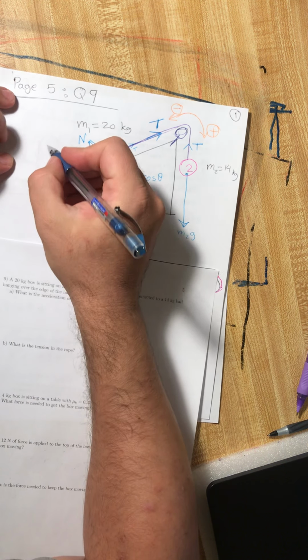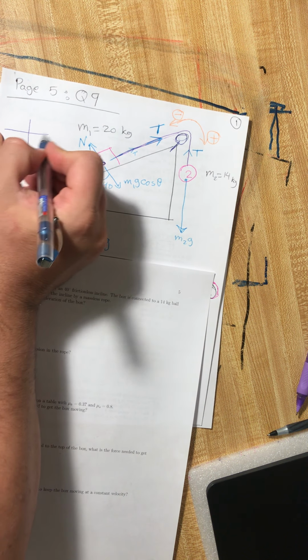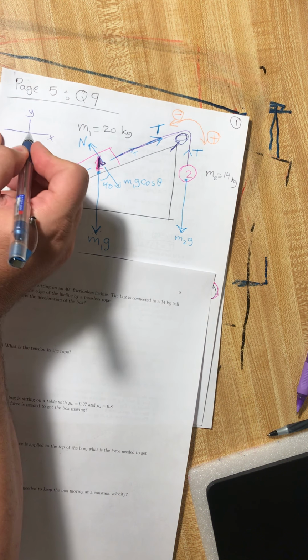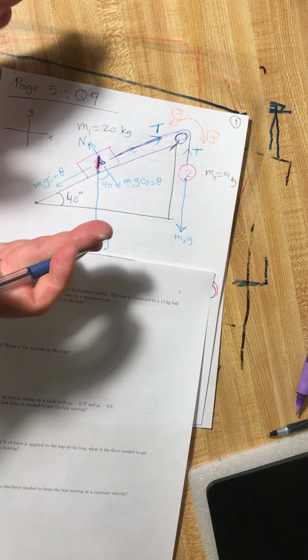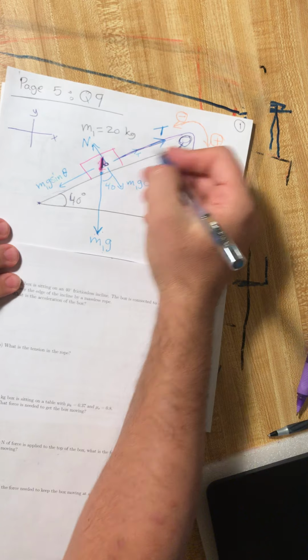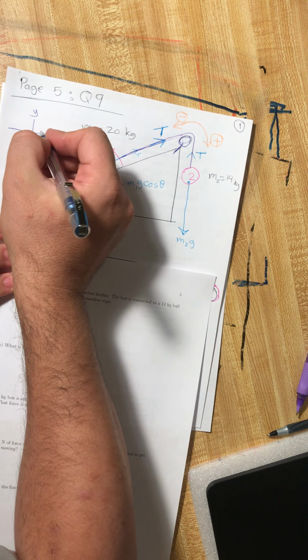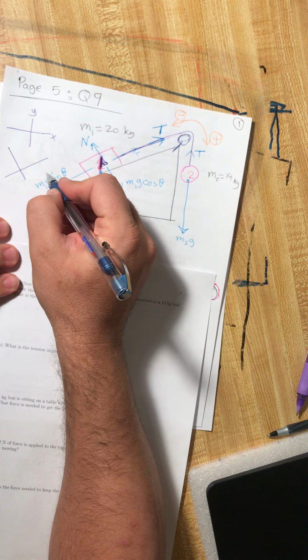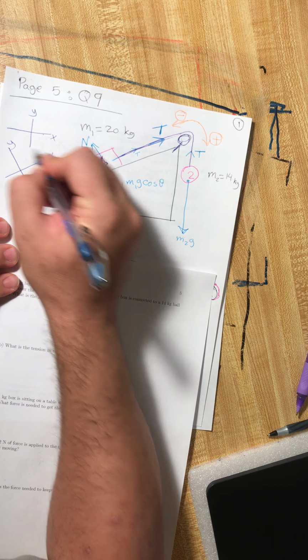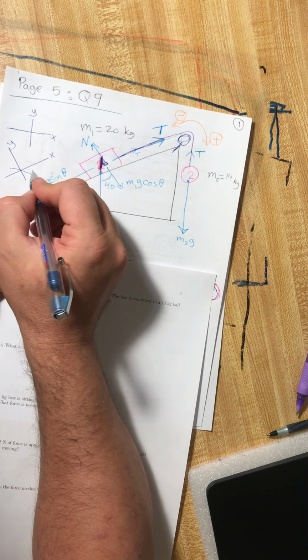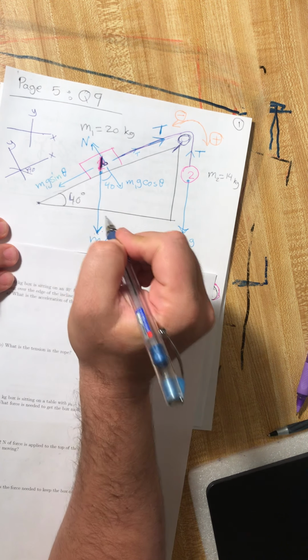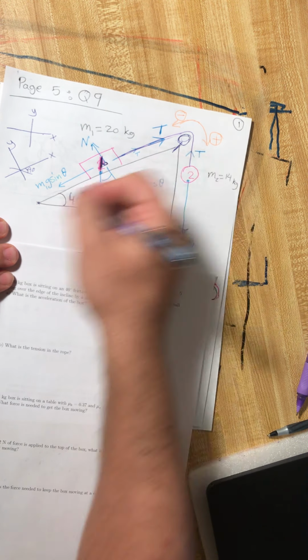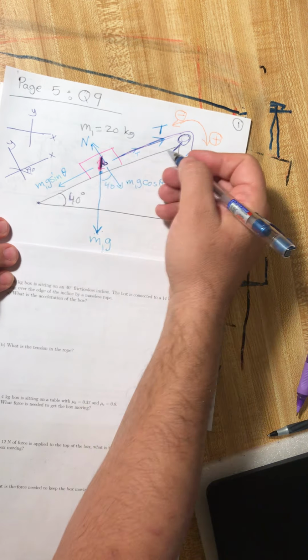We need to draw an XY plane, but our XY plane is rotated with this surface, rotated 40 degrees to go with our surface of motion.